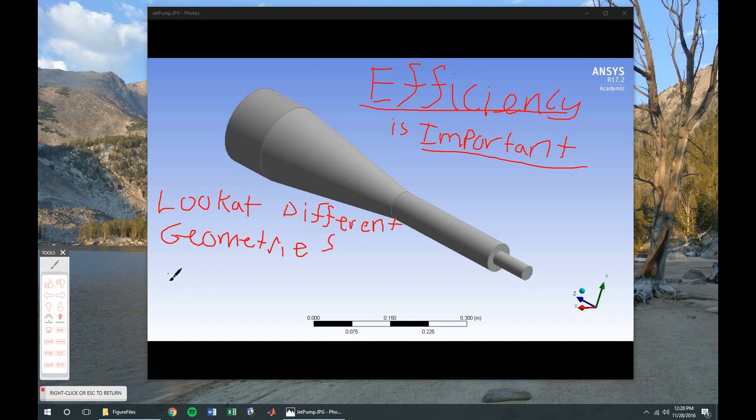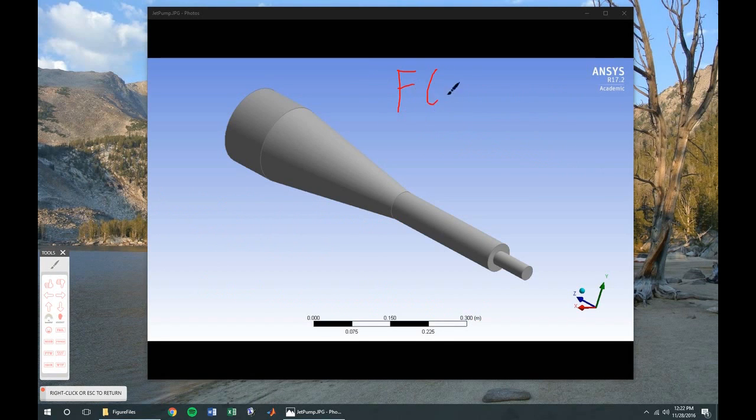I created a couple of different models in Fluent, and used that piece of software to model the fluid flow through them.